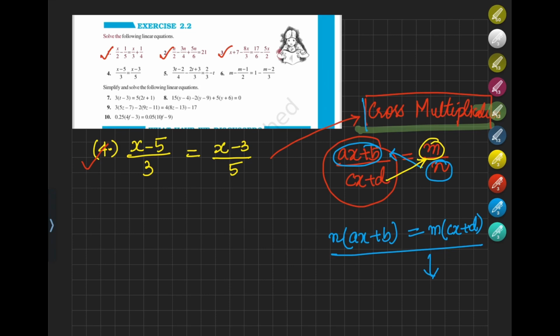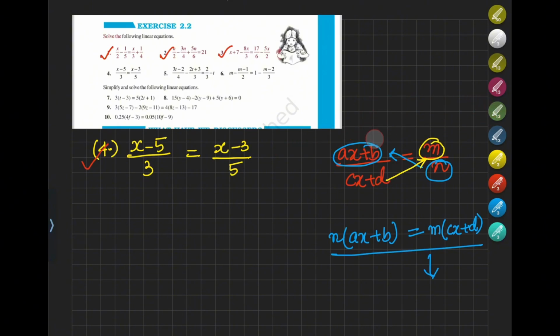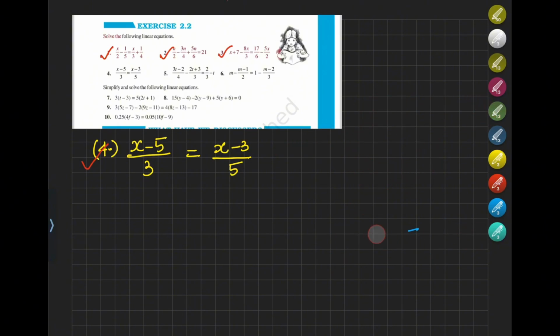So this technique we are going to use in question number 4 and onwards. So let's start with the question. Now we see that in this question, x minus 5 and x minus 3 are in the LHS and RHS. So what do we do?